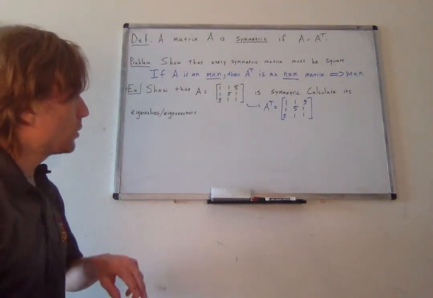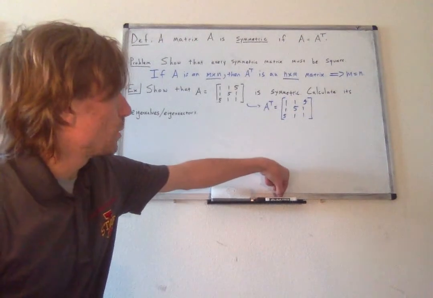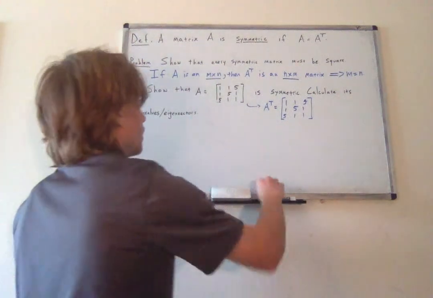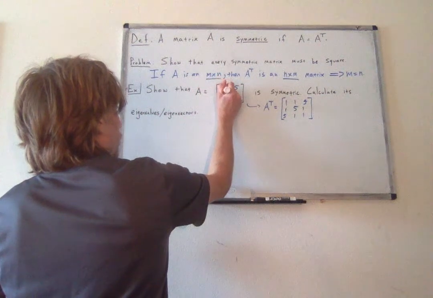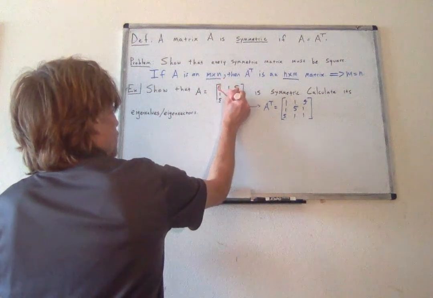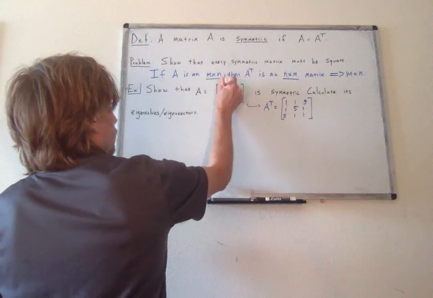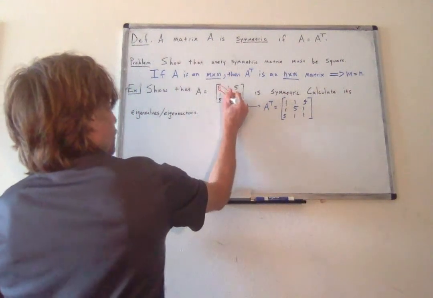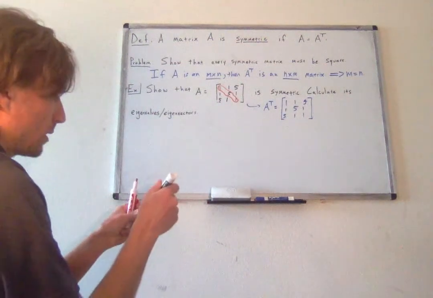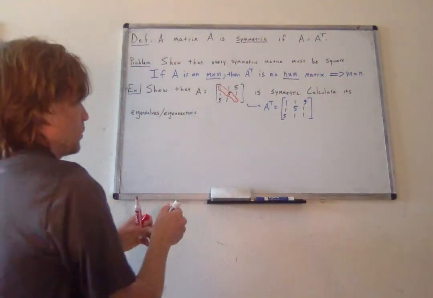The way I like to determine if a matrix is symmetric is by looking at the reflection across the diagonal. I think I erased a 1 there, but notice if I reflected this matrix across its diagonal, it would stay the same.